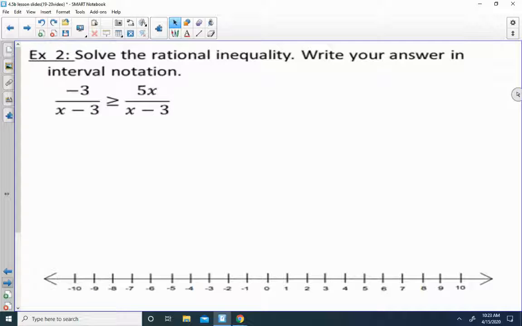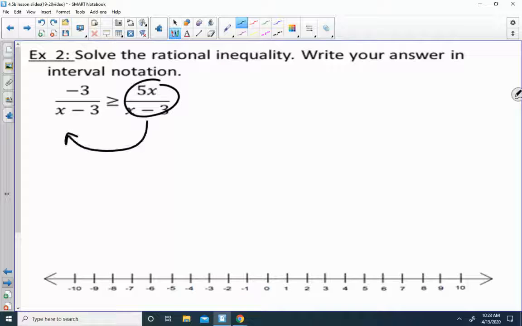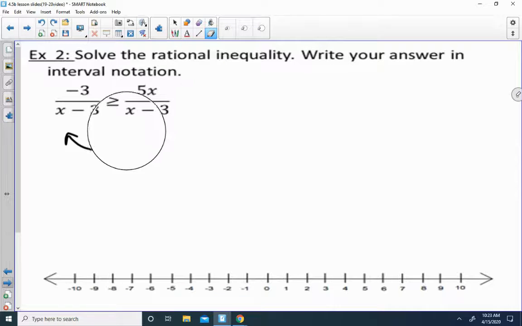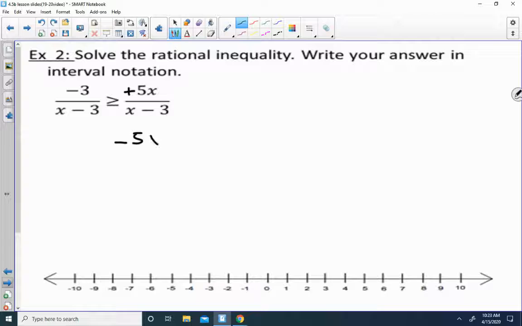So what I'm going to do is I'm going to go ahead and take this fraction and move it over to the left. And in this case, the 5x, notice how it's positive. And of course, when you think positive, you think plus. So the opposite operation would be to subtract it. So subtract 5x to both sides.